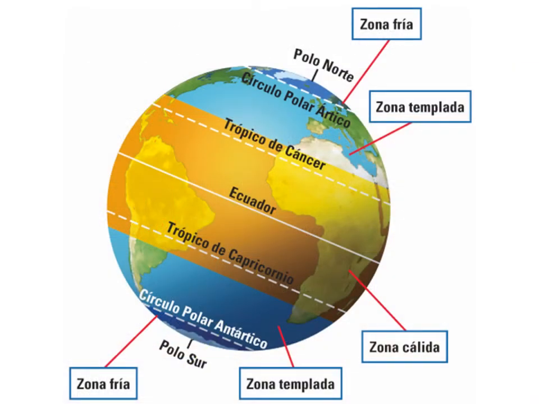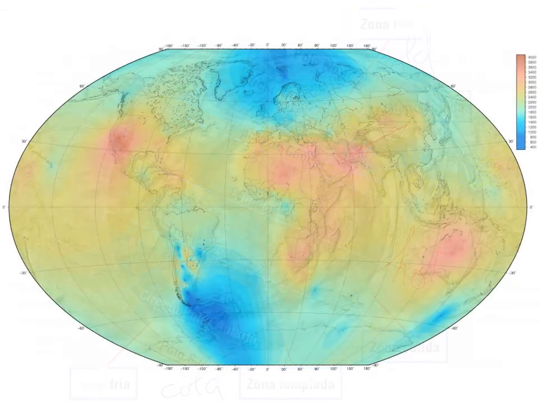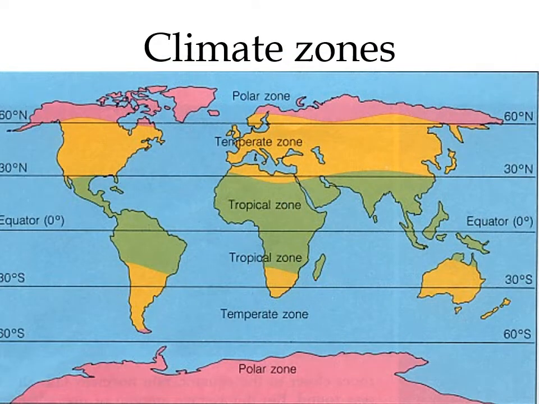So we can distinguish different zones, which are the hot zone in the middle, the cold zone in the poles, and the temperate zone in between. We know this, but it's important for us. This is a map of the insolation, so the amount of sun area received, and that creates climate zones.